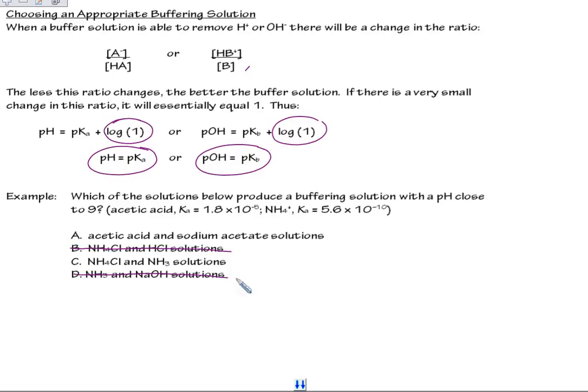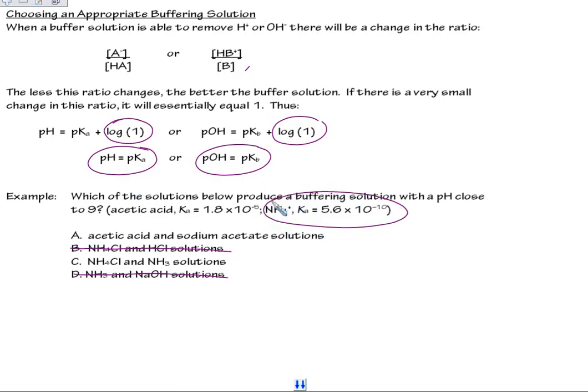Between these two, if they want you to pick a buffering solution with a pH close to 9, just think about this. You want the opposite log of the Ka value to be close to 9, since we're talking pH. And they've given me the Ka values, and even if this was multiple choice, I could estimate.